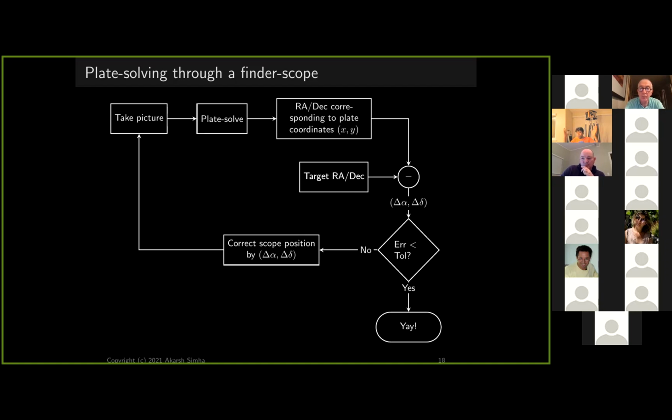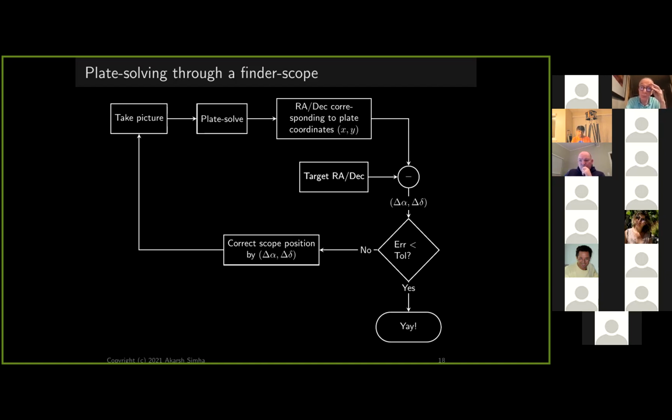So that's how wide my field is. And if I'm not tracking properly for a few seconds, it really doesn't matter for what I'm doing here. So that's just to set up how the finderscope addresses the problems that I mentioned with plate solving through the actual main telescope. So anyway, how does plate solving through a finderscope work?